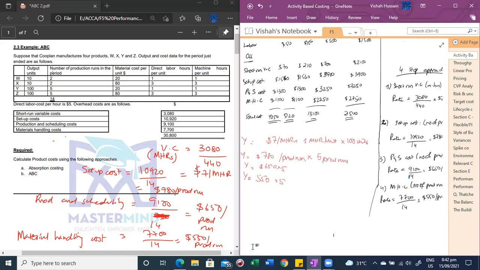Because once you start the production, for that you need to prepare yourself beforehand. Once you start production, it is going to produce a given amount of units, then it is going to stop. Then you'll again incur all these costs because you would have to bring in the material from the stores department to the production department. Then you'll have to set up the machinery, you'll have to check the machinery. If it requires maintenance, you'll have to do that.